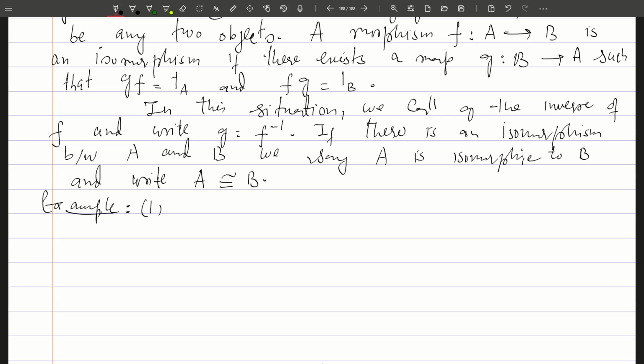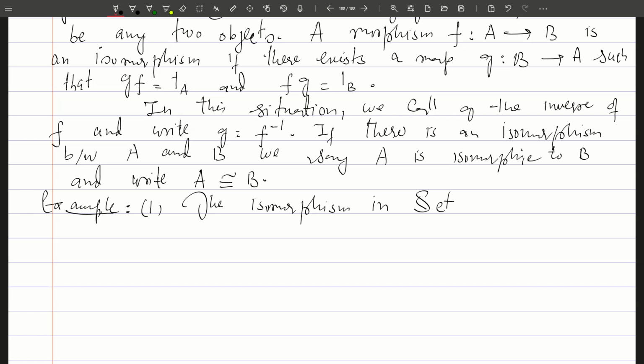Let us take the category Set. The isomorphism in the category Set is just a bijective map. So any two objects in the category Set are isomorphic if and only if they have the same size.